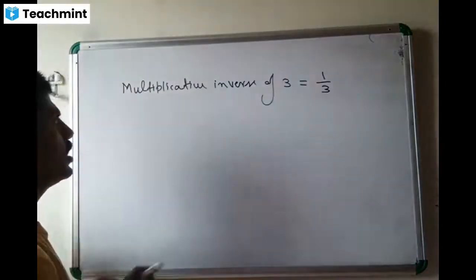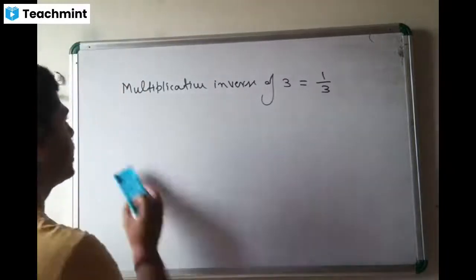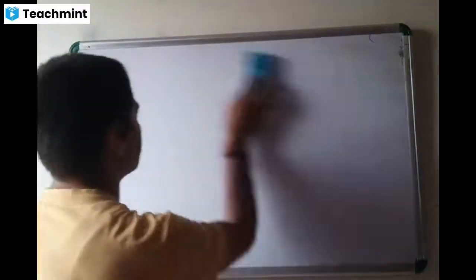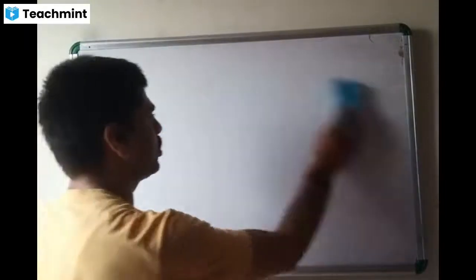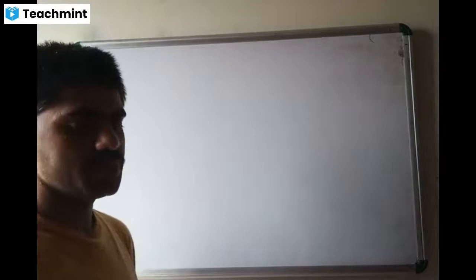So similarly, beta, here in the complex number chapter, you will read about the multiplicative inverse of the complex number. How will you find it? It is too easy, beta.